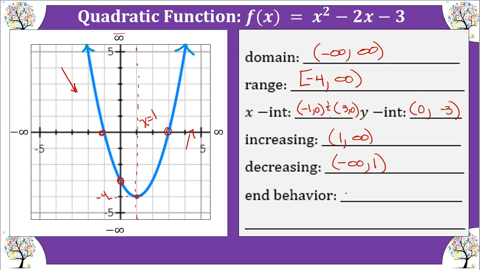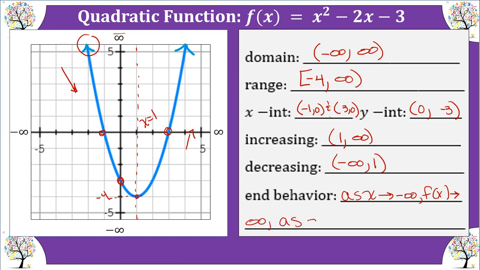Our end behavior: let's say as x approaches negative infinity, so always go left first, we're going to see what happens to the y. As my x values decrease, what happens to the output? It's going toward positive infinity. So it approaches positive infinity.